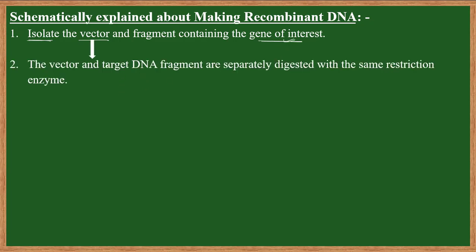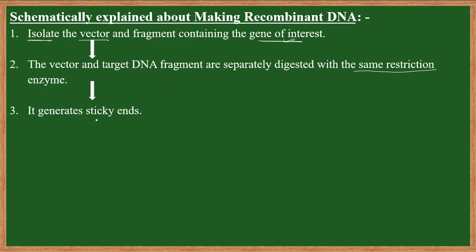Next, the vector and target DNA are separately digested with the same restriction enzyme. When we digest the vector and the DNA fragment containing the gene of interest with the same restriction enzyme, the cohesive sites or cuts are of the same, complementary type.